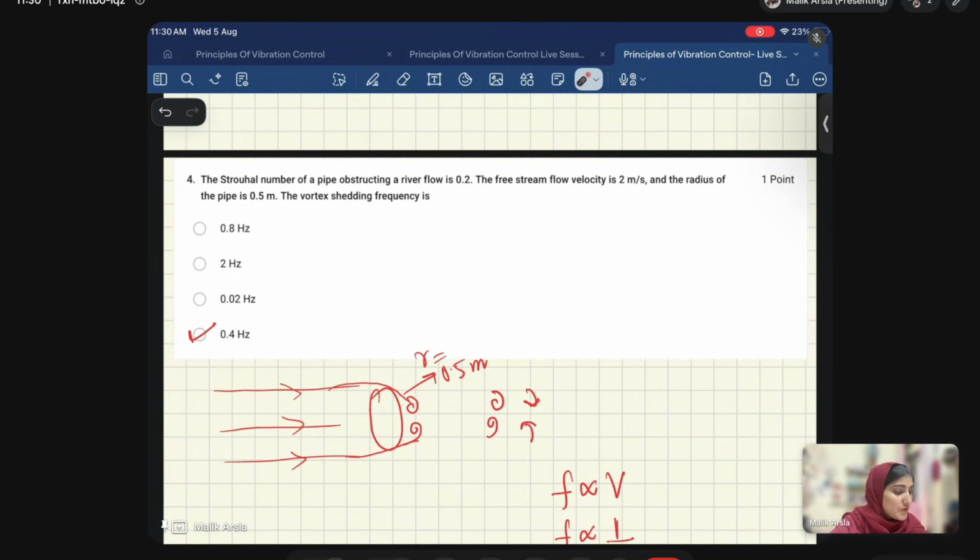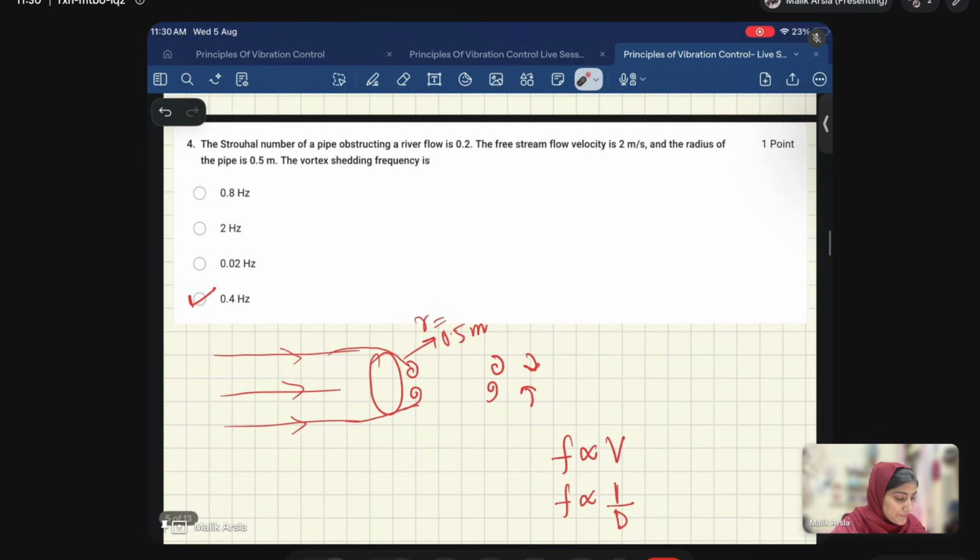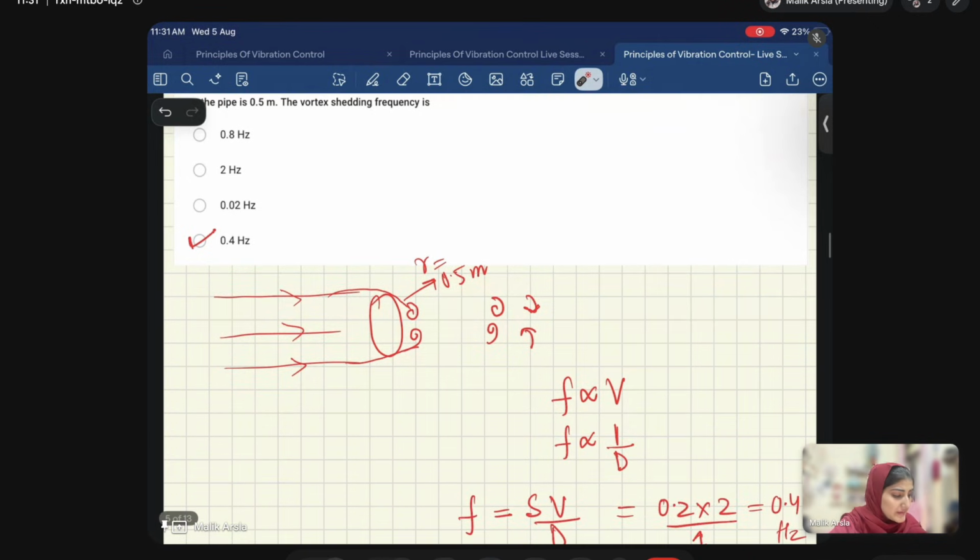Okay, so first of all we can try to understand what this vortex shedding frequency is. Basically, whenever there is a flow of a fluid, and if we put something in its path, for example, I'm putting this cylinder sort of thing, a circular or cylindrical thing, the flow will be obstructed, right?